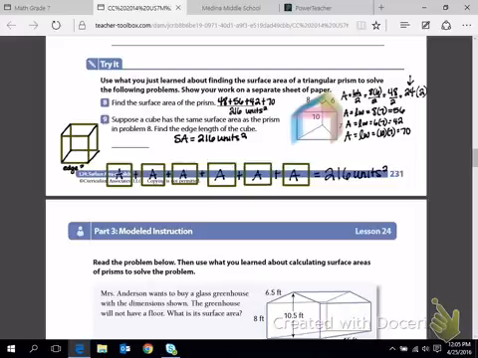So if all 6 areas have to be the same thing, since it's a cube which is made up of squares, I can take that 216 and divide it by 6. And when I divide 216 by 6, I'm going to come up with 36. So that means that the area of this is 36, and the area of this is 36.